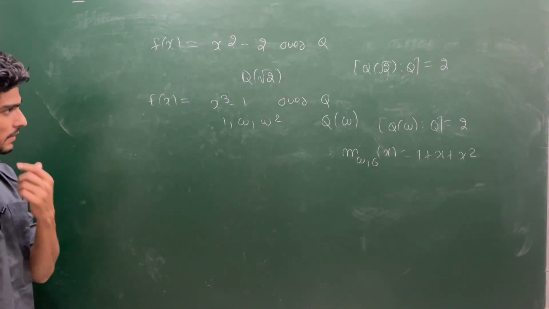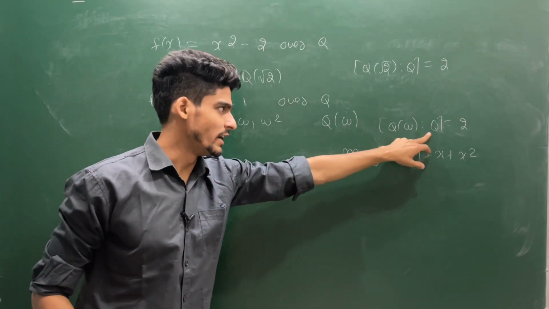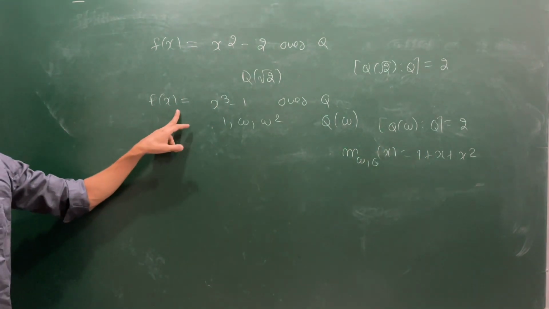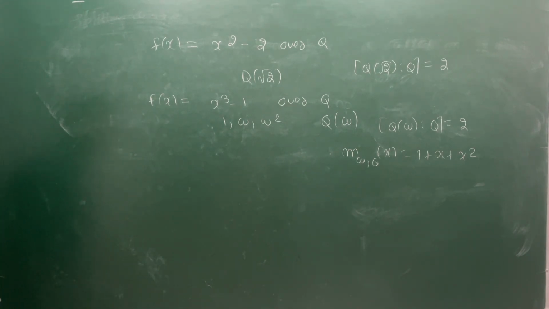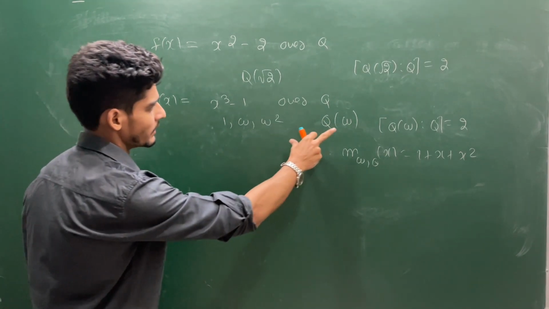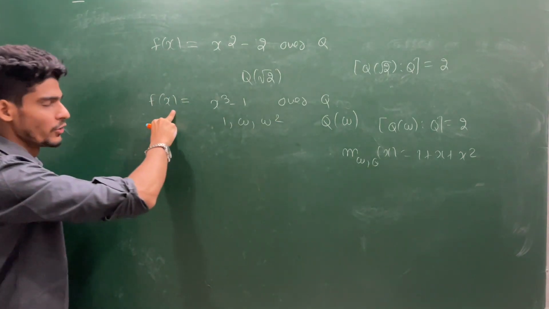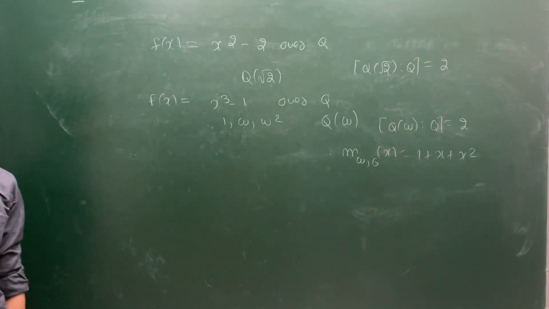Also here you can see the degree of extension of the splitting field is 2, but the polynomial has degree 3. So it is not necessary that the degree of your polynomial should be the same as the degree of extension of a splitting field.